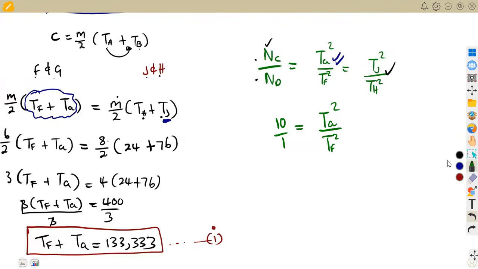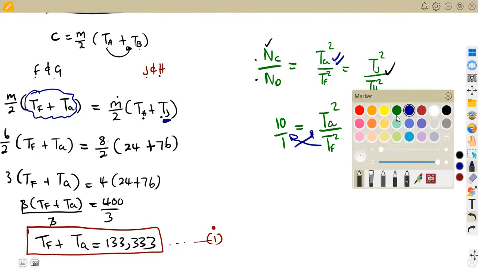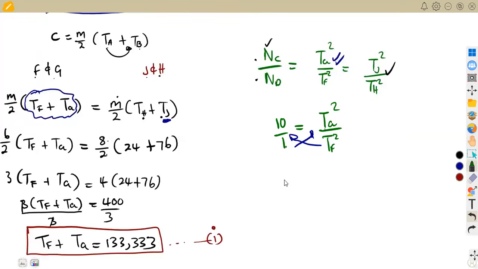So we can cross multiply to remove the fraction. Let us see what we're going to have at the end. If you cross multiply, 1 times TG squared is going to be TG squared, which is equal to 10 times TF squared. So as we can see here, we can write TG in terms of TF. How?